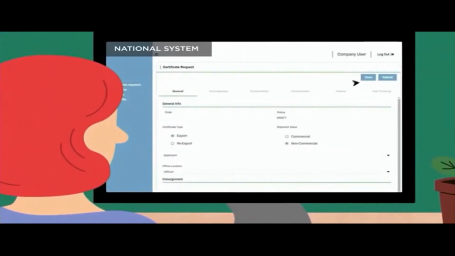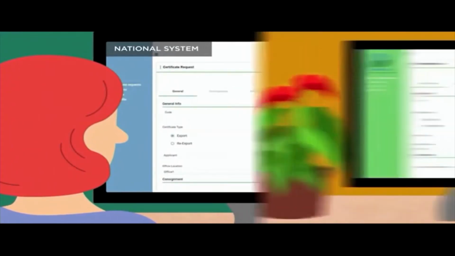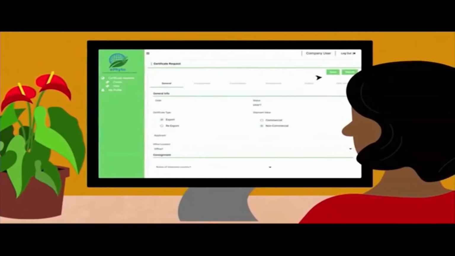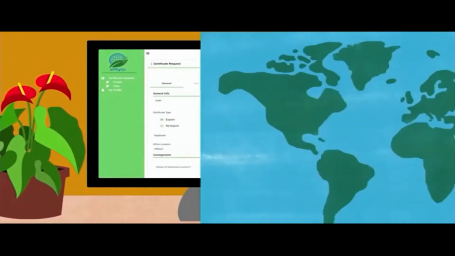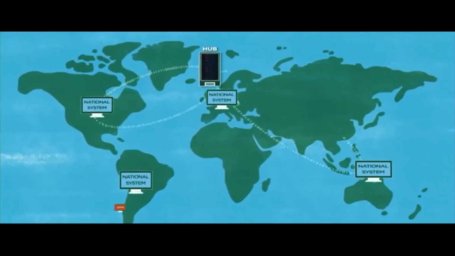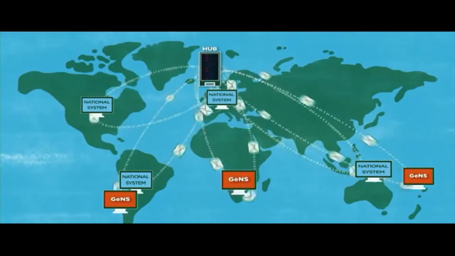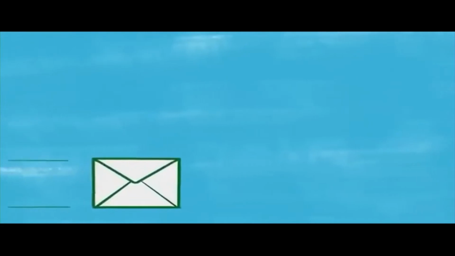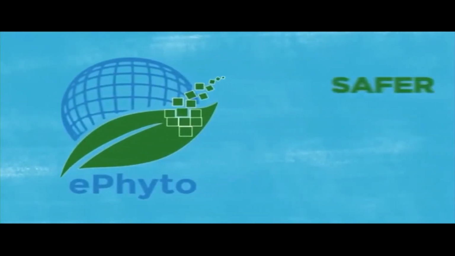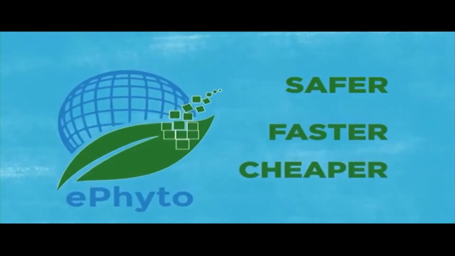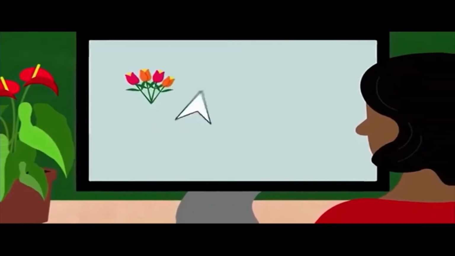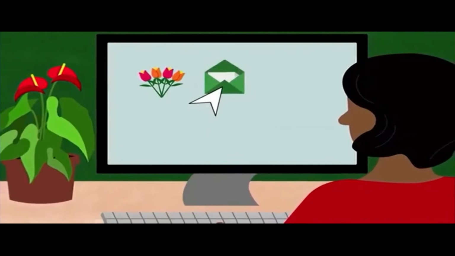Each country can choose to connect to the hub with its own national system, or if it doesn't have one, it can use the GENS. Once connected, countries will be able to exchange ePhytos in a harmonized and efficient way. That is why the ePhyto solution makes trade safer, faster, and cheaper. Safer by reducing possibilities of fraud and preventing pest spread.